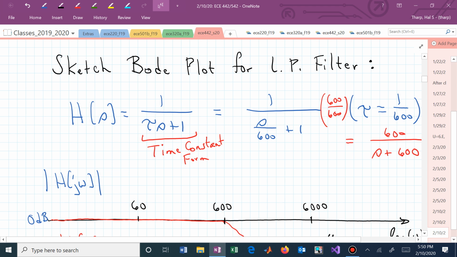Then I would say, well, what happens when S is equal to a really big value, or j omega when omega is a really big value? Then the 1 in the denominator is still 0 degrees. My denominator angle is changing. Now it's j something big over 600. That's still j something big plus 1.